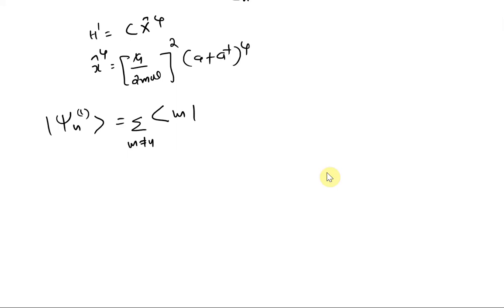I'll write it later. phi m, and what else is there? a plus a dagger whole to the power 4 phi n, divided by en0 minus em0, and the constant terms which are there, which are c, since this is like c x raised to 4, so c will be there, and this constant h cross by 2 m k.